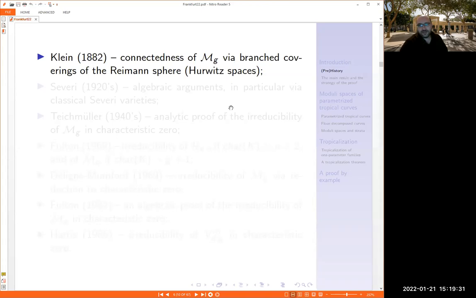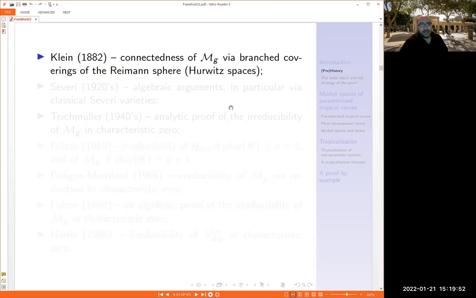To achieve this, he considered coverings of the Riemann sphere. In modern language, he considered Hurwitz schemes of a certain type, and showed that they are connected and they dominate M_g, and as a result, M_g is connected.